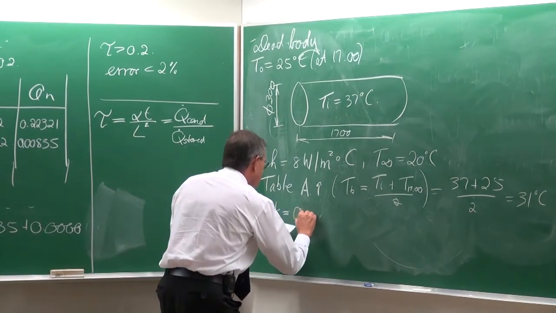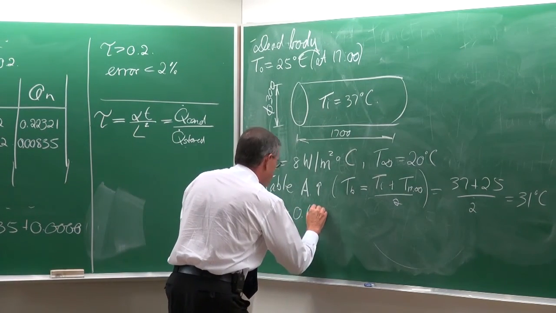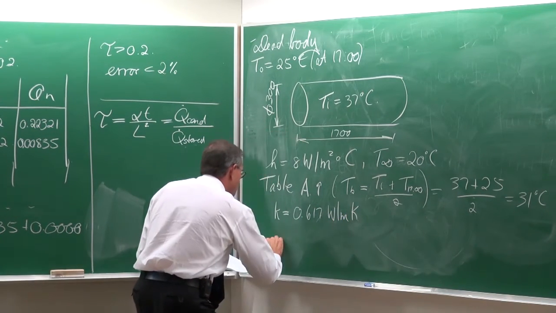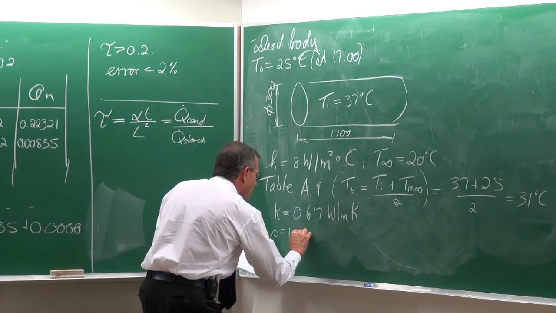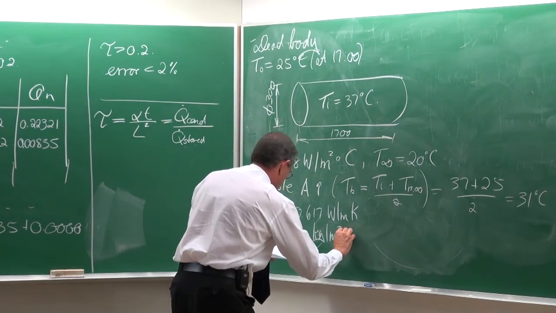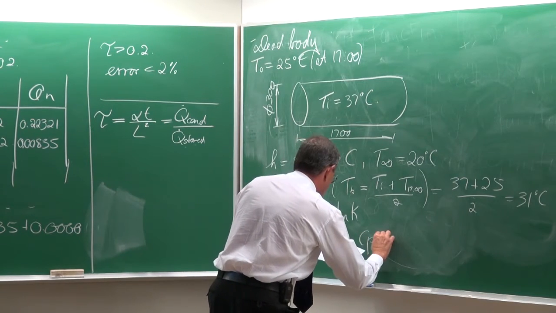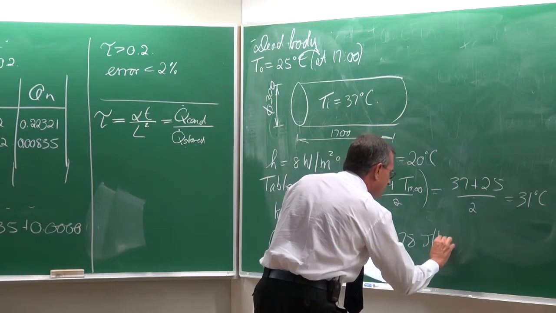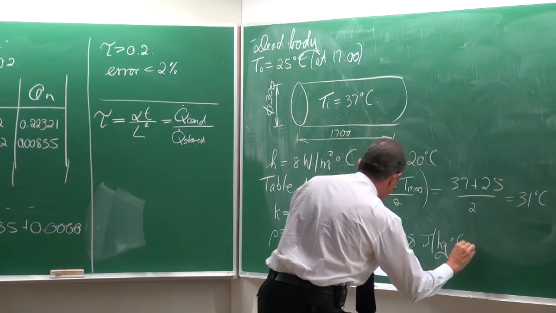The properties would be: k equal to 0.617 watts per meter Kelvin, rho equal to 1,000 kilograms per cubic meter, Cp equal to 4178 joules per kilogram degrees Celsius.